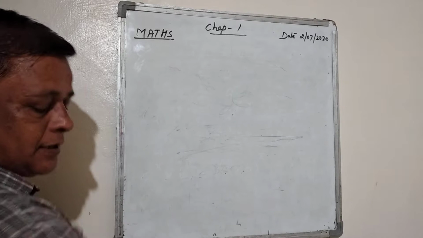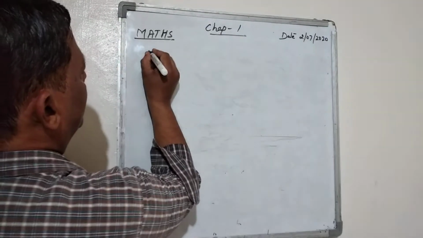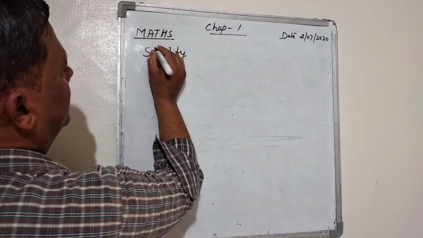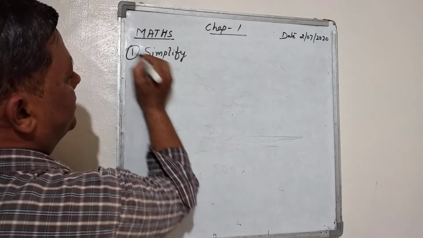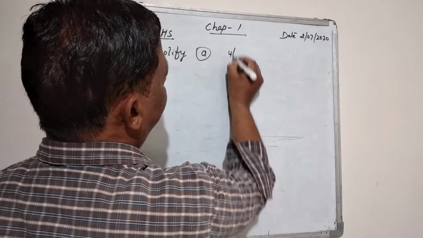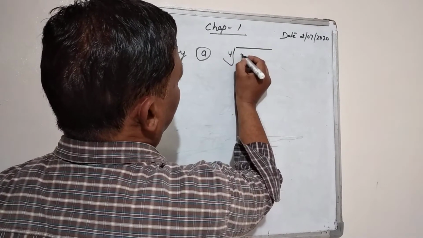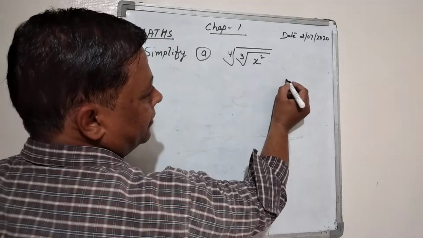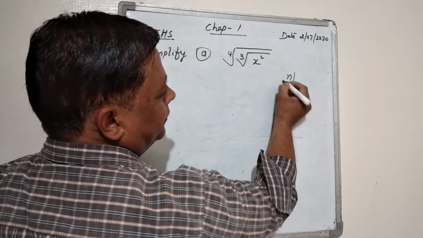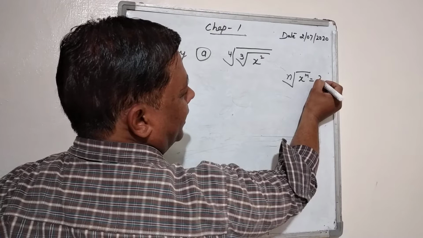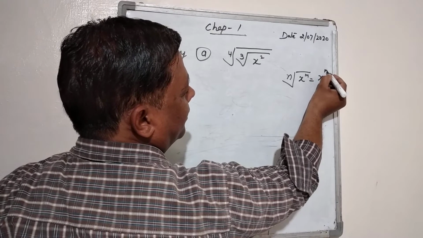The first one is simplify: the fourth root of cube root of x power 2. So we use that nth root of x power m becomes x power m upon n.